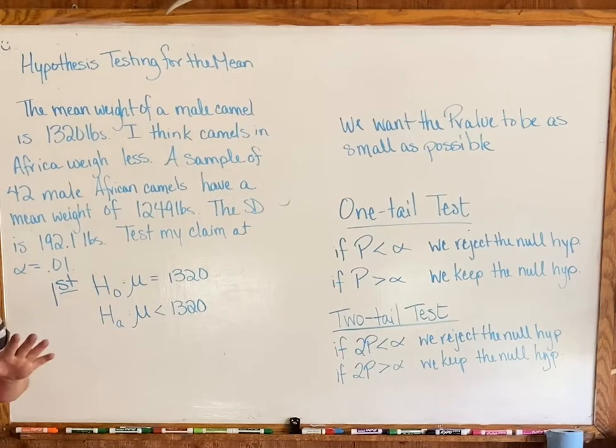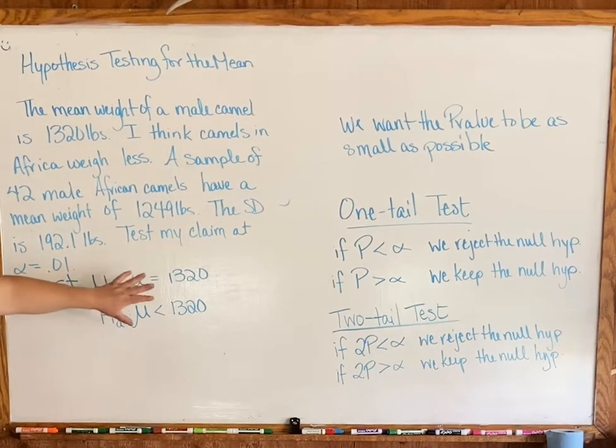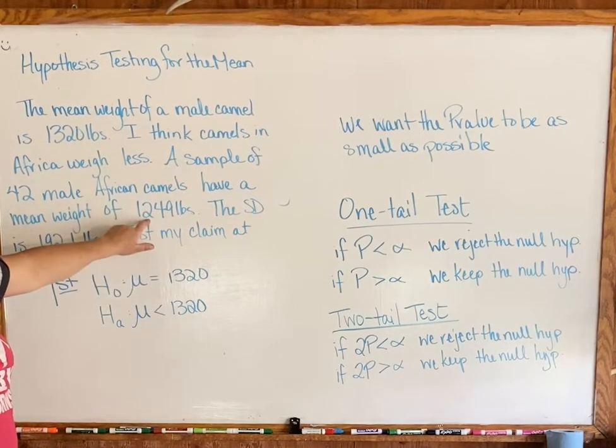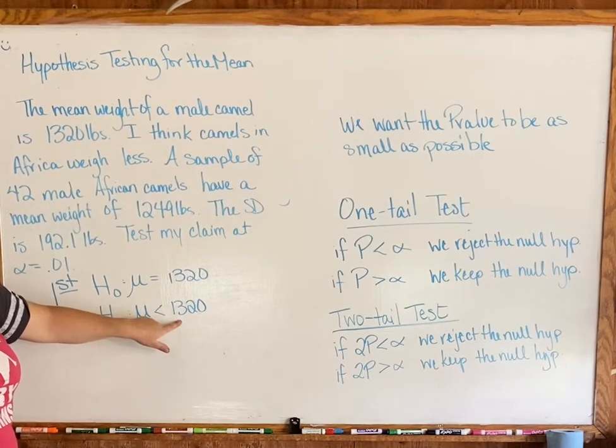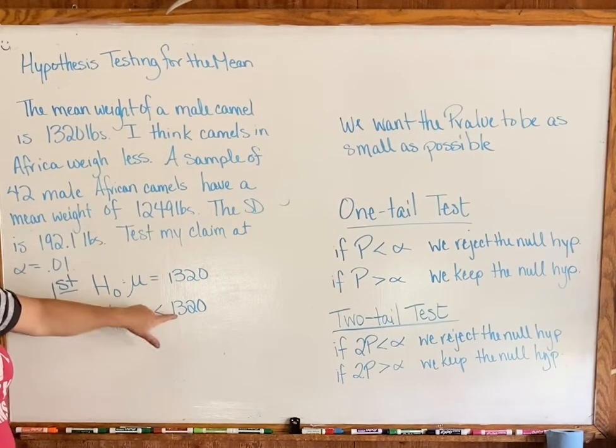Now, before we go any further, what I want you to do is look at the numbers we've got here. So we wrote our hypotheses. Now the number 1,249, that is less than 1,320, isn't it? Okay, it is most definitely less. But is it less enough?